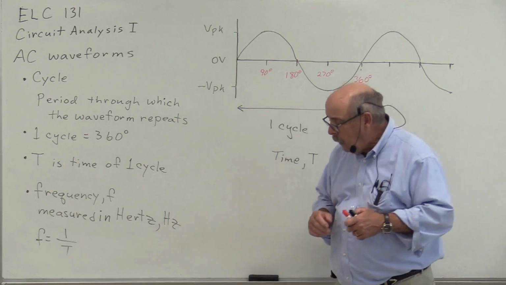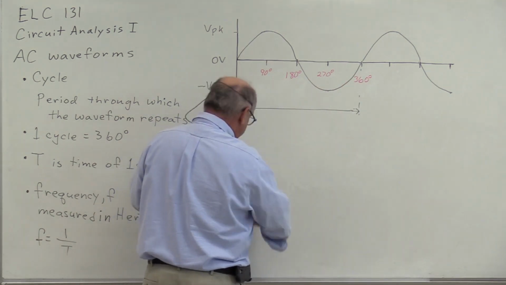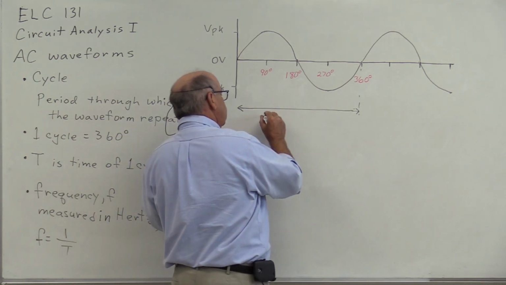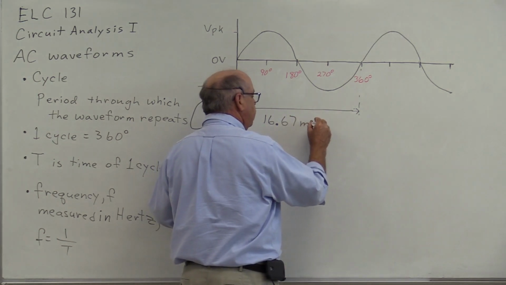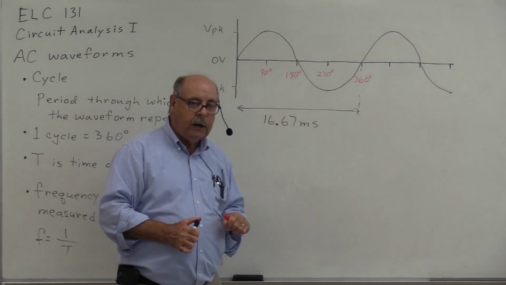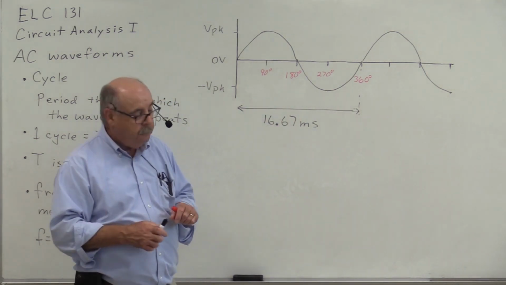So for example, if this waveform has a time of 16.67 milliseconds through one cycle, what would be the frequency of that waveform?